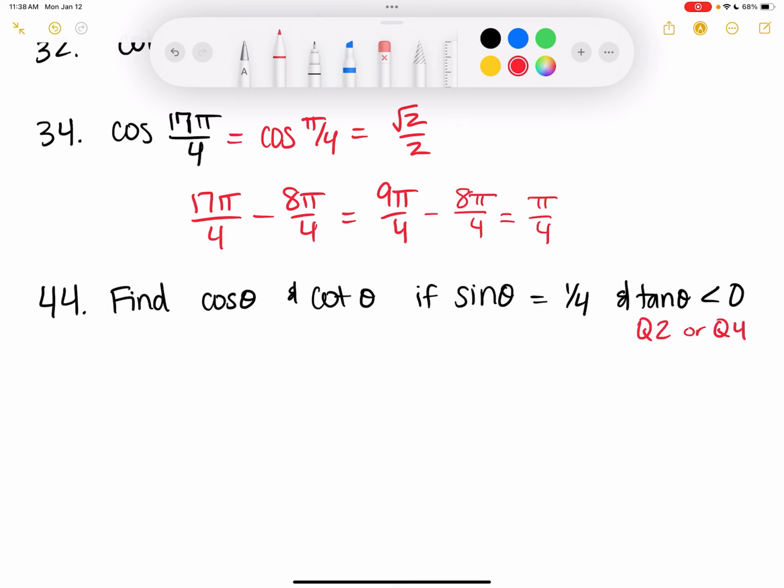Now, sine is positive, so that has to be in quadrant 1 or quadrant 2. For both of these things to be true, the only place is quadrant 2. So it has to be up there.